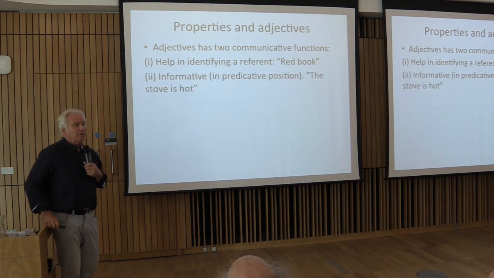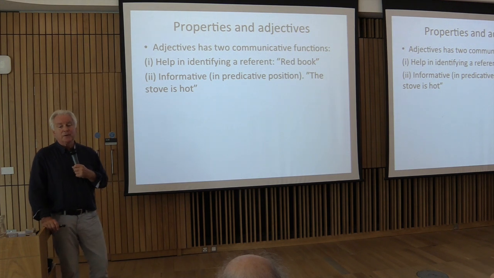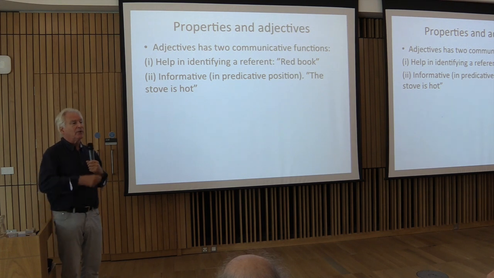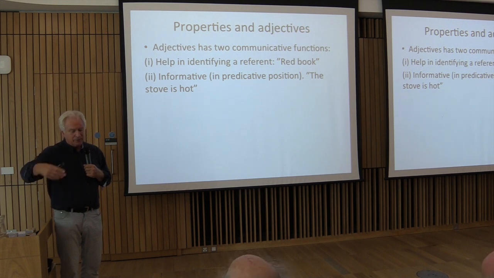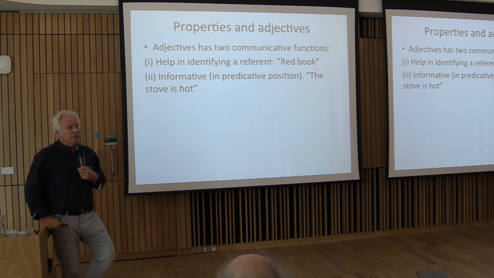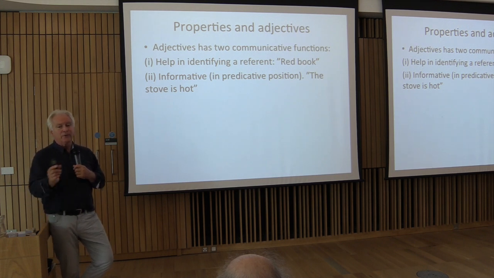And the other one is the predicative use of adjectives, where we say that the stove is hot, or the book is red, and so on. We say something about an object. We inform about the properties of an object. In English, in the European languages, the same word class is used for both these functions.